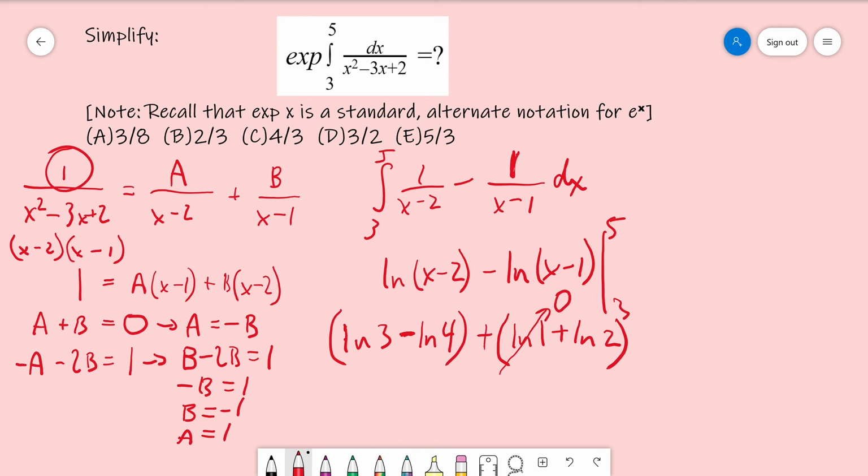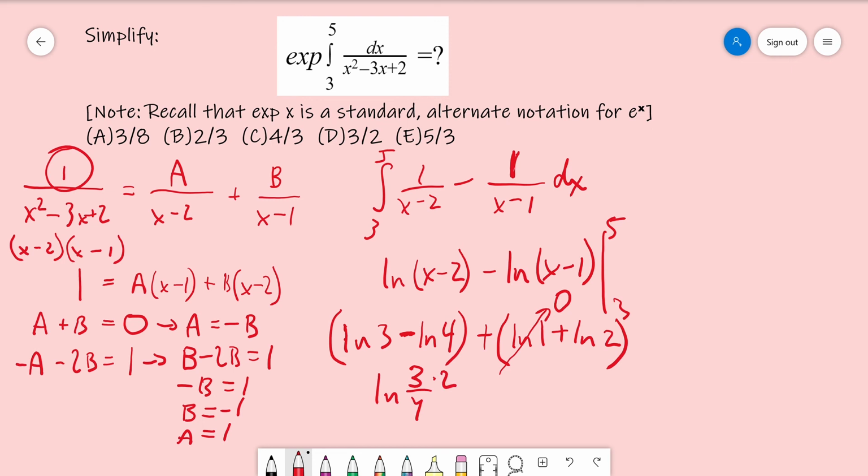and then this negative is going to distribute to give us a positive log 2. And then remember that the sum of two logs is like the log of the product of the numbers, and the difference of two logs is like the log of the quotient of the two numbers. So this is actually going to be the natural log of 3 divided by 4 times 2.